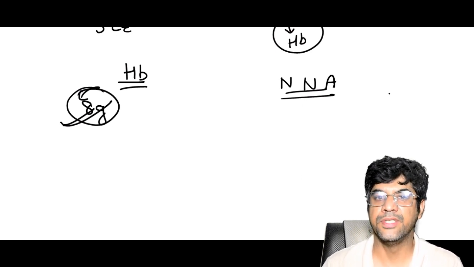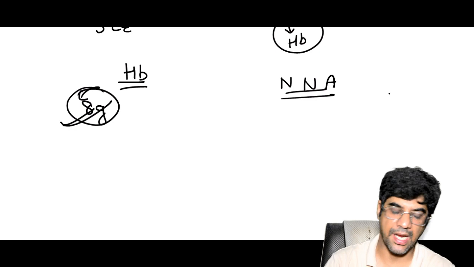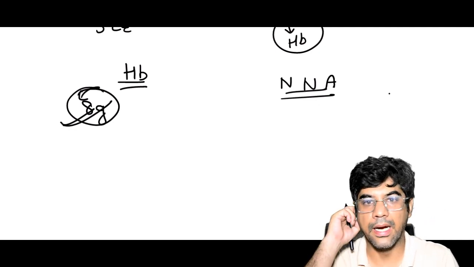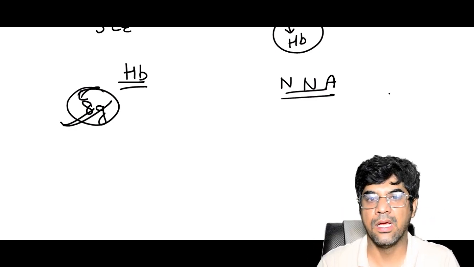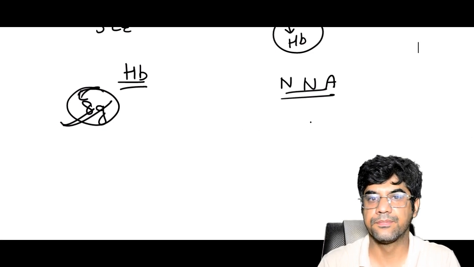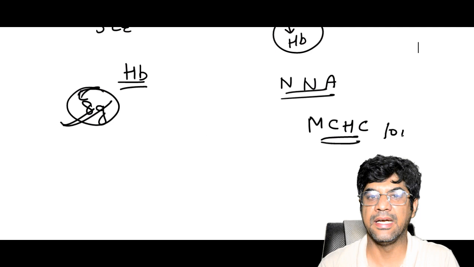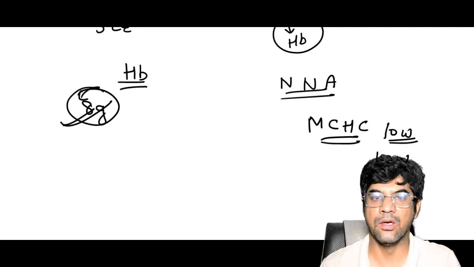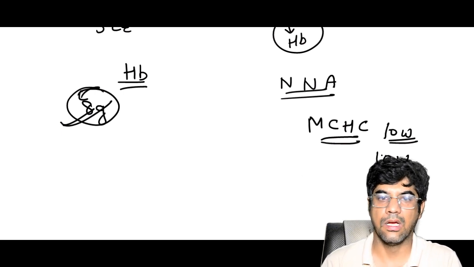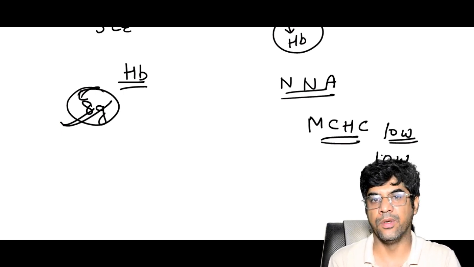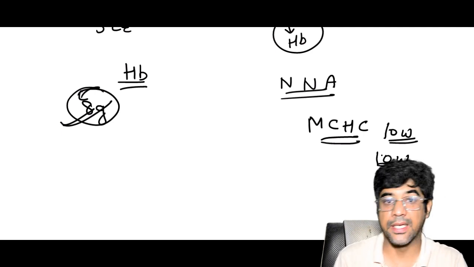However, slight microcytosis and hypochromia can be seen. MCHC is slightly low. Reticulocytes are low. Apart from that, there would be reduction in erythrocyte lifespan.